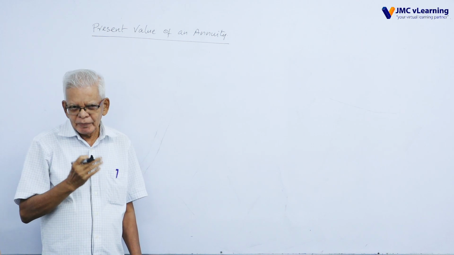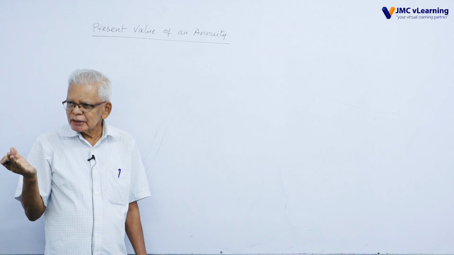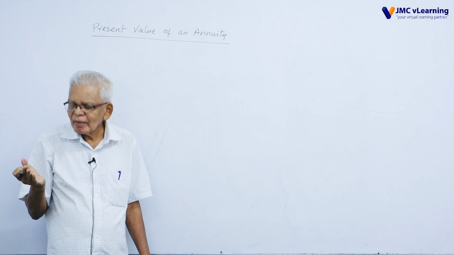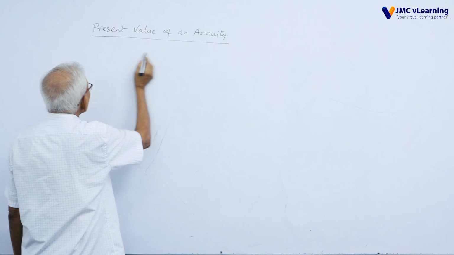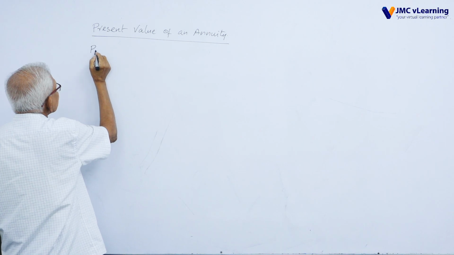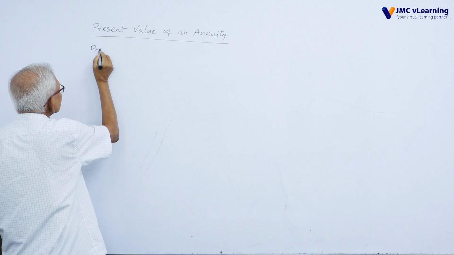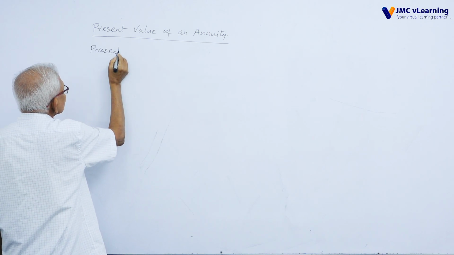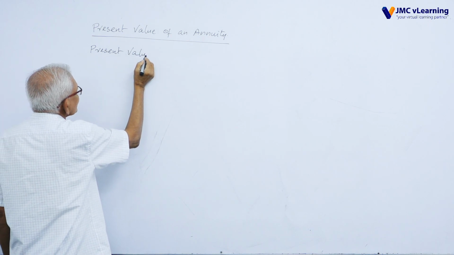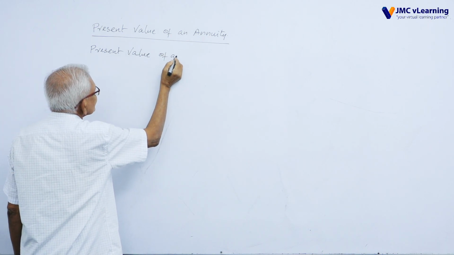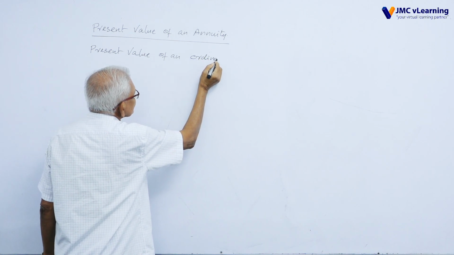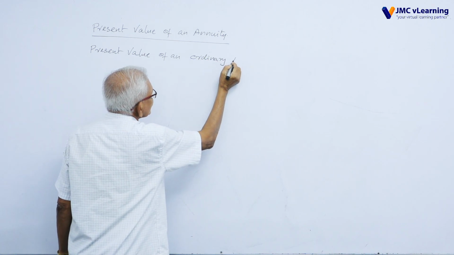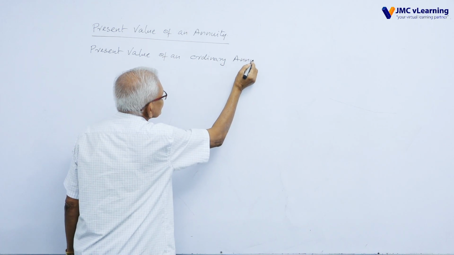When you take a loan, the installment, leasing installment, loan installment, how to calculate present value of an ordinary annuity. So write down, main heading is this one. Then write down present value of an ordinary annuity.